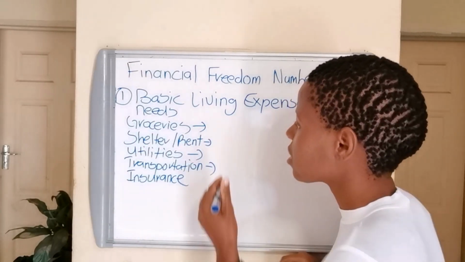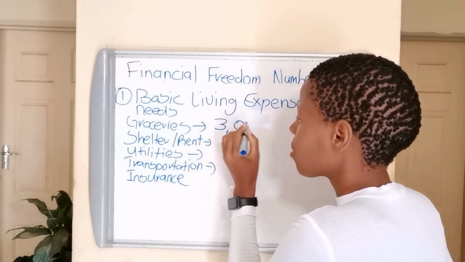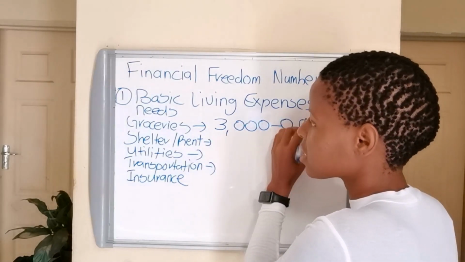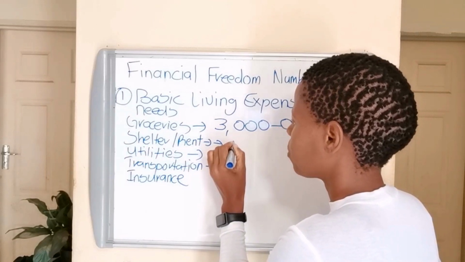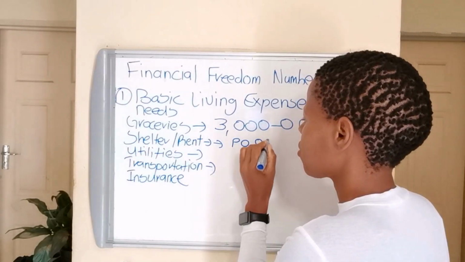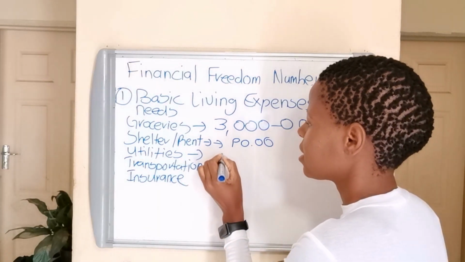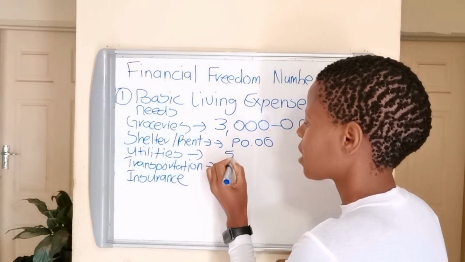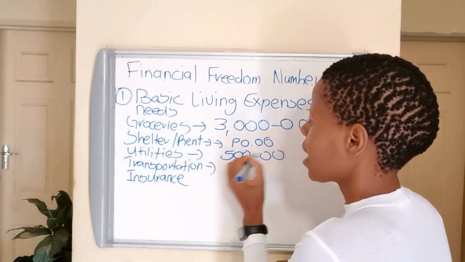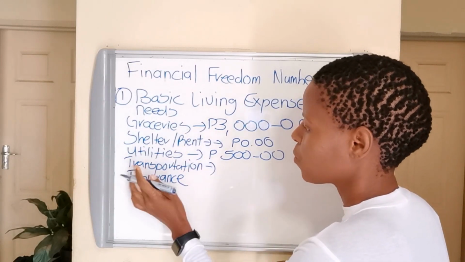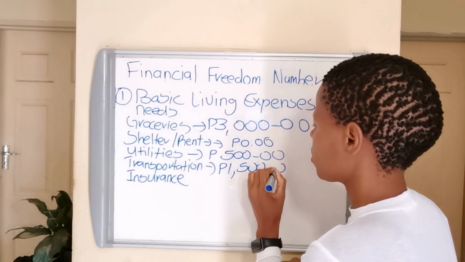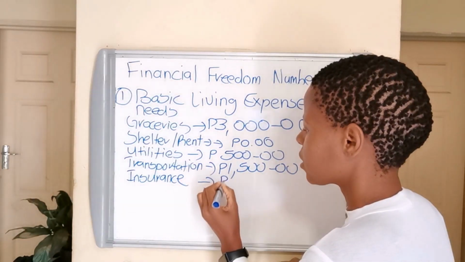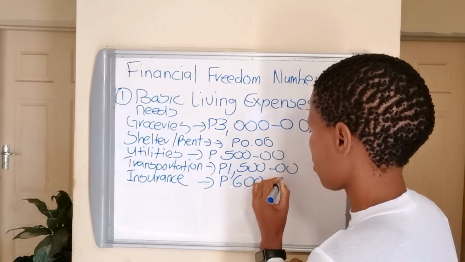So personally myself, this is me. I have been a budgeter for over 4 years now. So I'm spending this much. Utilities, let me say I'm spending 500. And then we go to transportation, let's put 1,500 on transportation, and insurance, let's put 600 on insurance.